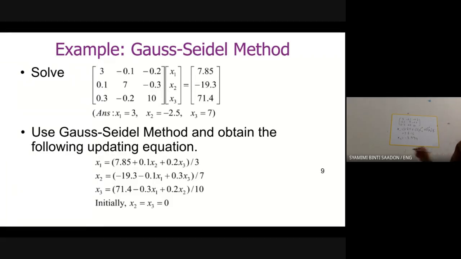And then x3, you get 7.0056. Then repeat the second round, the second iteration, using the set of values that you found in the first iteration.